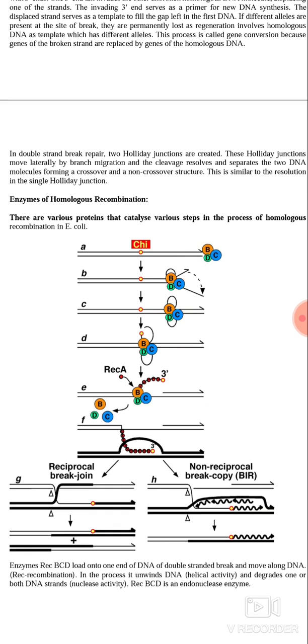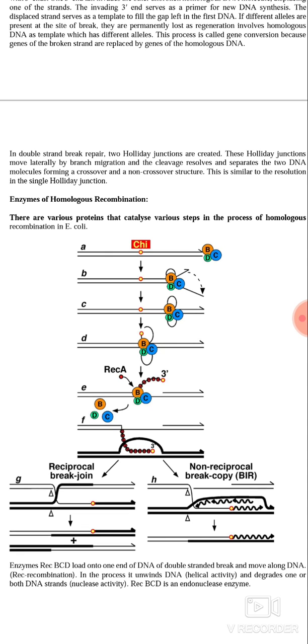The enzyme RecBCD loads onto one end of DNA at a double strand break and moves along DNA. In the process, it unwinds the DNA helix and degrades one or both DNA strands. RecBCD is an endonuclease enzyme.